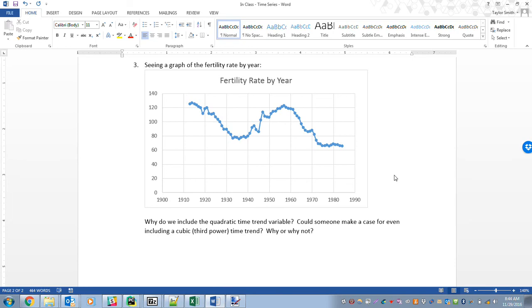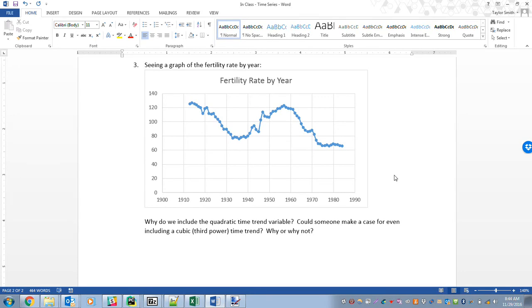Including a quadratic variable, again, if you think that the relationship that another year has on the fertility rate depends on what year we're in, then you need to include some other, higher order variables. So we've been using quadratic variables.